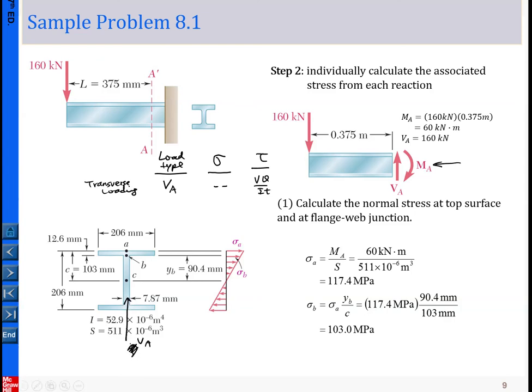Once we have VA determined, then we have to determine the neutral axis. For example, this is the centroid of this I-shaped beam, and this is the neutral axis. The neutral axis passes through the centroid, and the neutral axis is perpendicular to the direction of the transverse loading.